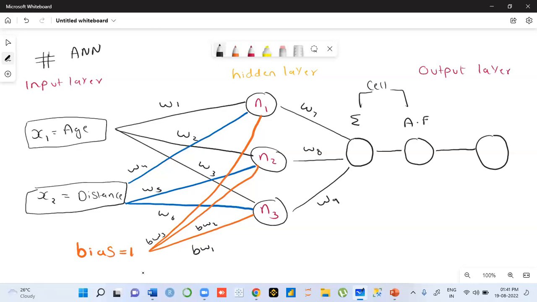Draw faster, we will complete. Wait, sir. For one row, we will have to predict in half an hour.